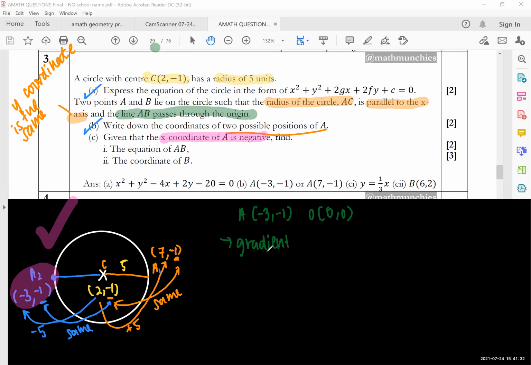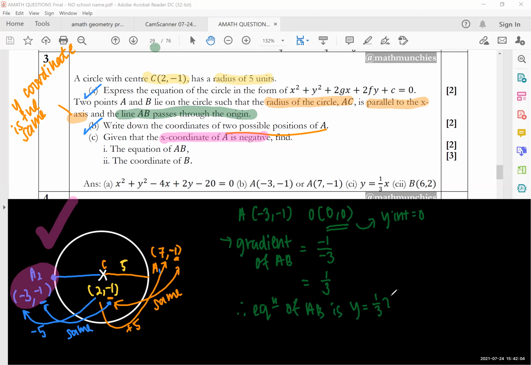Yes. So how do I find the gradient of AB? Y over X, which is -1 over -3, equal to 1 over 3. And passing through the origin means the y-intercept is 0, isn't it? Therefore, the equation of AB will be y equals 1 over 3 x.